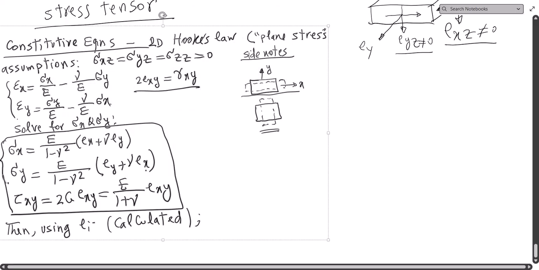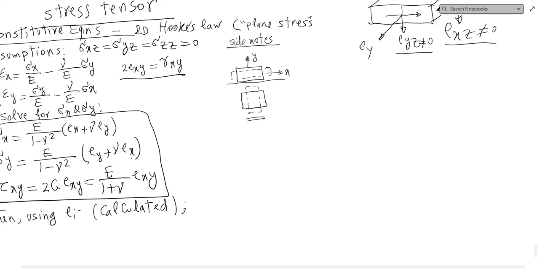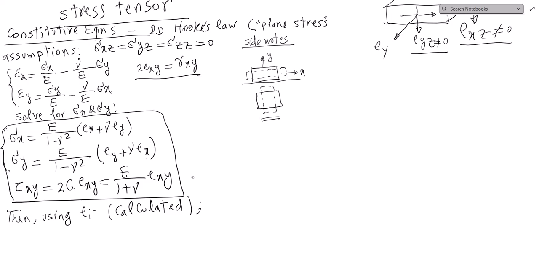Okay, so what we have here is a 2D Hooke's law. For that we have sigma x, sigma y, and tau or sigma xy written in terms of the modulus of elasticity and Poisson ratio.